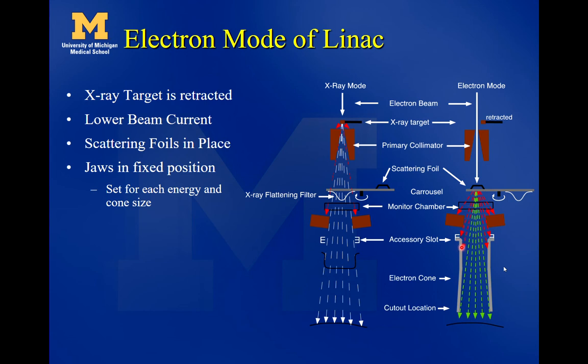If it didn't have this thick cone basically blocking this beam from getting away from what we want to treat, this electron might come down and treat somewhere else inside the patient. So it's different than X-rays. Remember, X-rays are going to go in a straight line forever until they interact with something, whereas electrons can bounce off of jaws, bounce off of cones, bounce off of cutouts, and this is why we need to contain them within the cone.